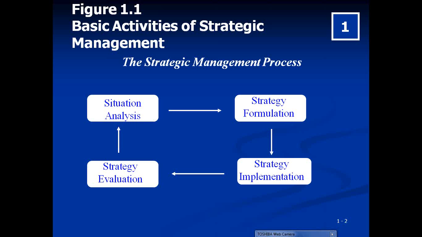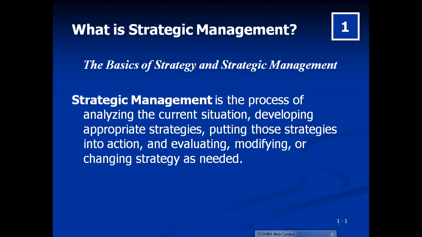Do I want to just drive up Highway 10? Do I want to go through Pierz, come in the back way to Brainerd? I need to come up with all these strategies. So if the situation analysis was, where am I right now? The strategy formulation is more of, where do I want to be and how do I think I'm going to get there? The third part, putting those strategies into action.